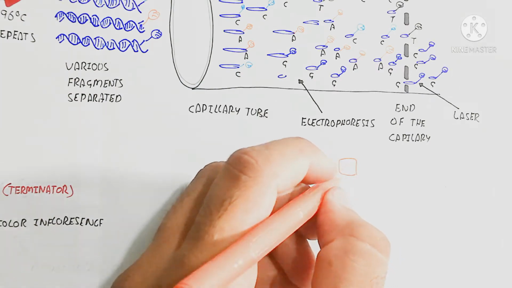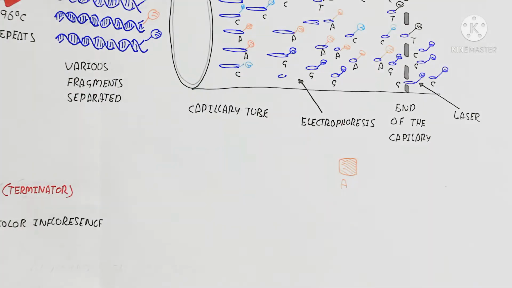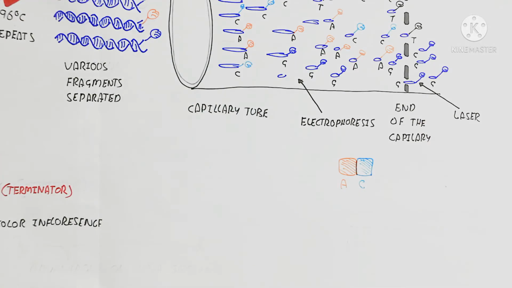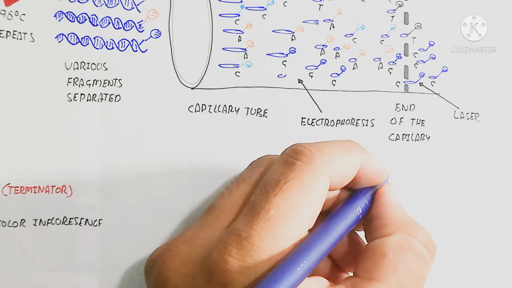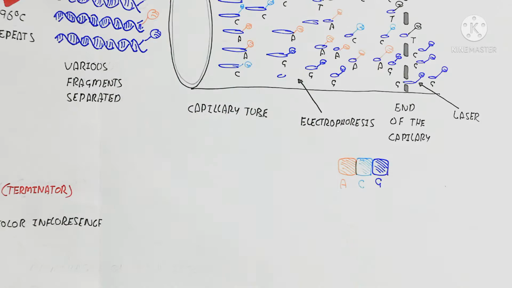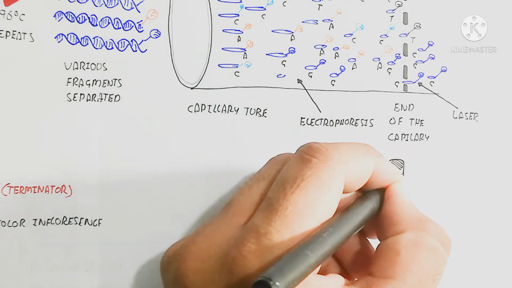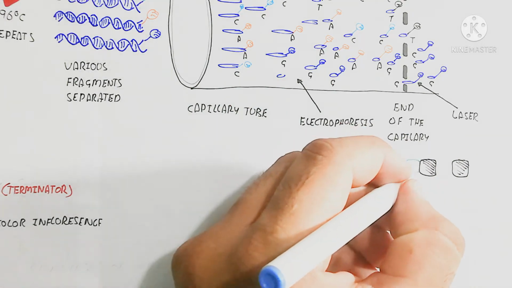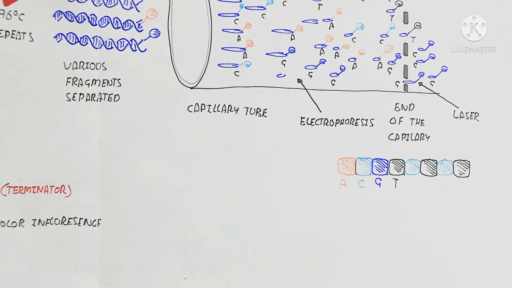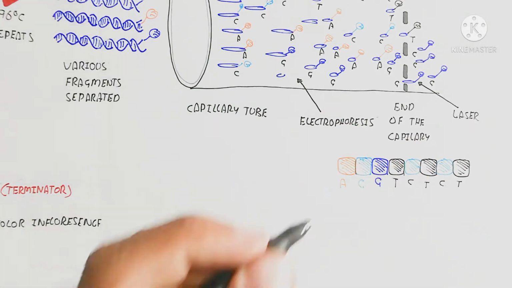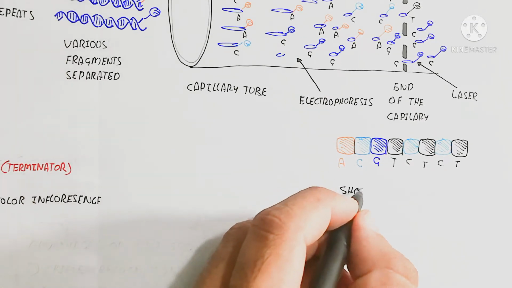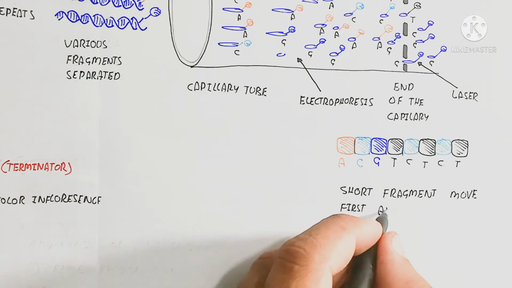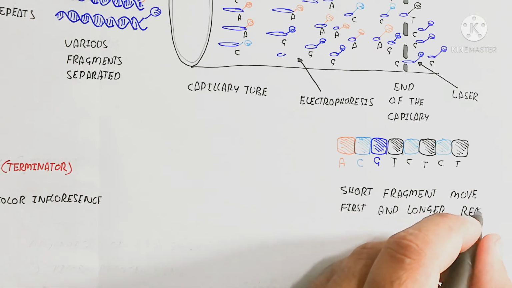It gives the sequence of the colors, and from that sequence we can name the bases. If the orange color shows, we name it adenine, and likewise cytosine and guanine, because the terminator base added is attached with the fluorescent color.